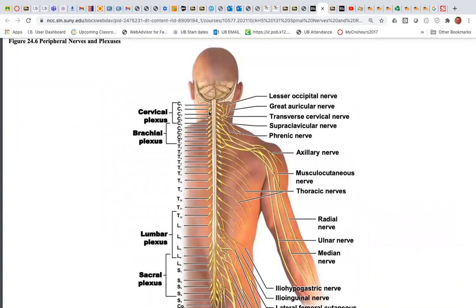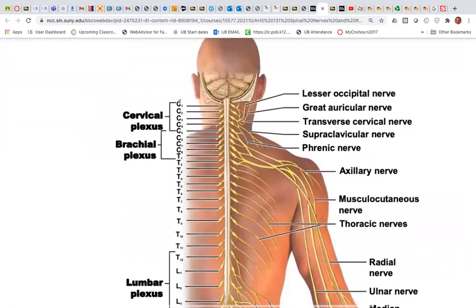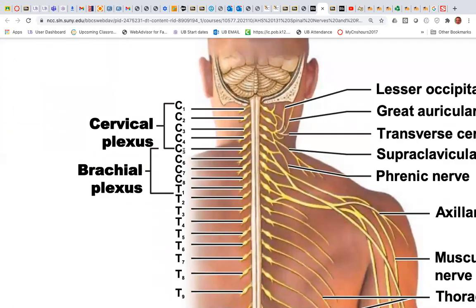What you heard me mention in the opening was that in the neck, there was a cervical enlargement. The reason why the cervical enlargement existed was because of these two plexi. You had the cervical plexus, which was from C1 to C5, and then there's the brachial plexus that goes from C5 to T1.